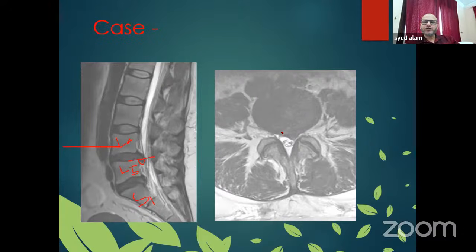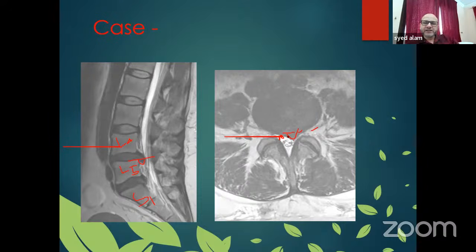So what I told you, this was the central area, then this is the subarticular area. So here the disc is in the central and left subarticular area. This was the right traversing nerve root, and basically the left traversing nerve root is compressed. And this is the exiting nerve root here, I think so.